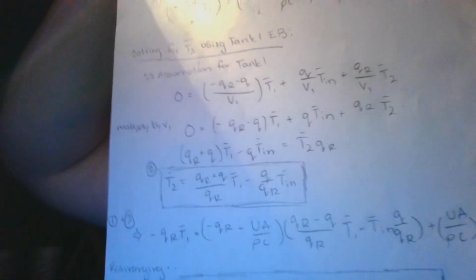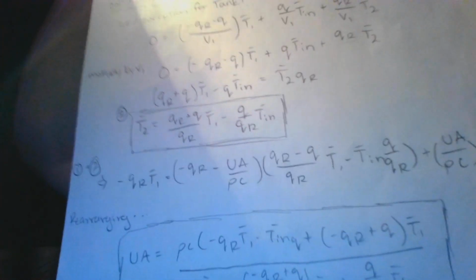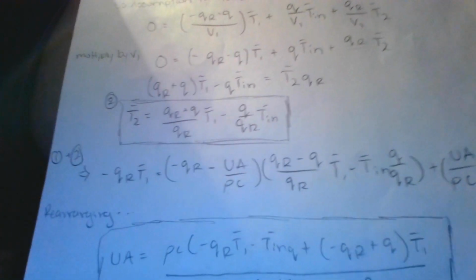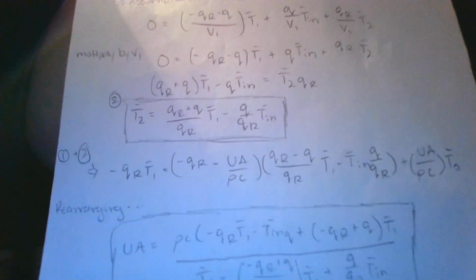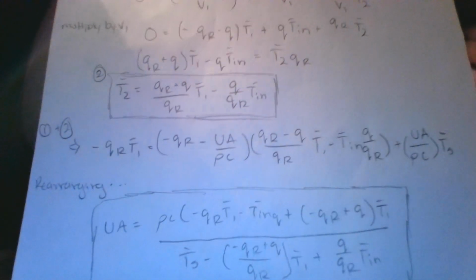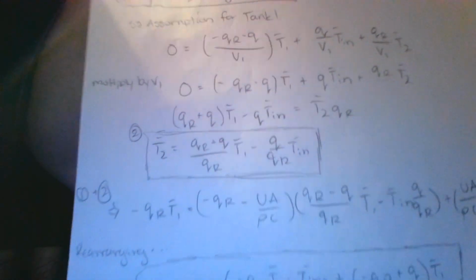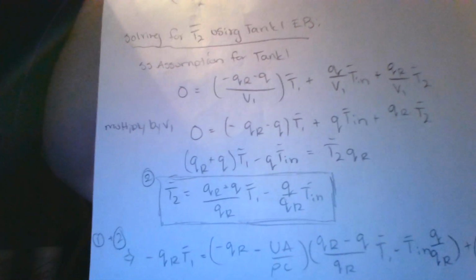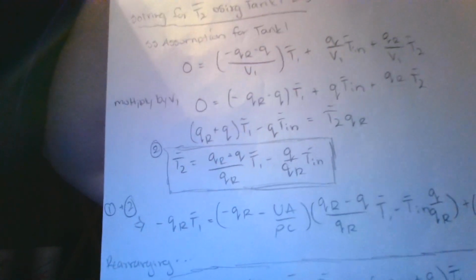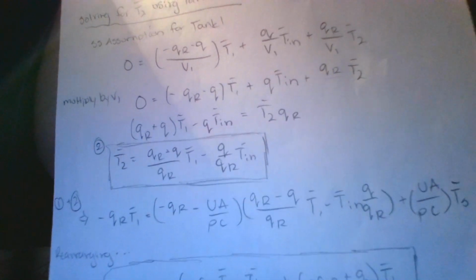Once we did this, we could solve for the UA in terms of the flow rates coming inside and outside of the reactor, as well as other design variables that were solved for previously. This relationship also allowed us to solve for the steady state temperature that should be fed in at the second volume space, and this would change later on whenever we did not use the test values anymore.